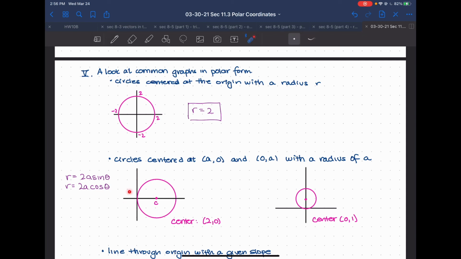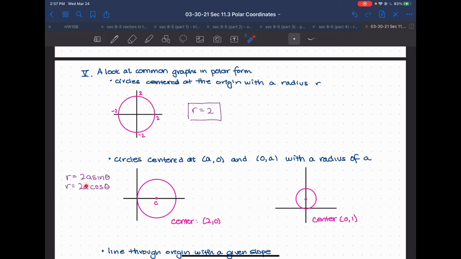So think about going around the circle, and with this one, let's see if we can just use the angles 0, pi over 2, pi, 3 pi over 2. So when we're at 0, the sine of 0 is 0, we would be at the origin. Okay. When we're here, if the angle is 0, cosine of 0 is 1. I'm going to look at this circle with a radius of 2.